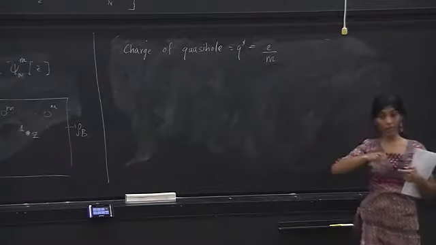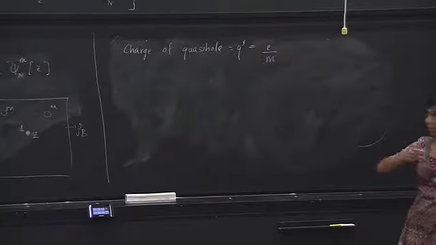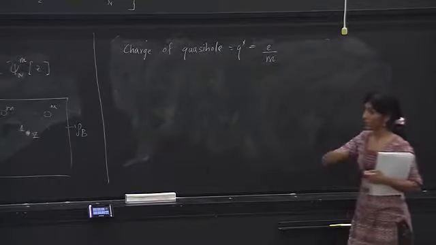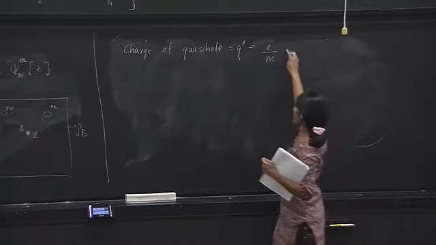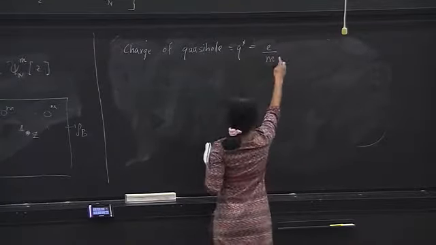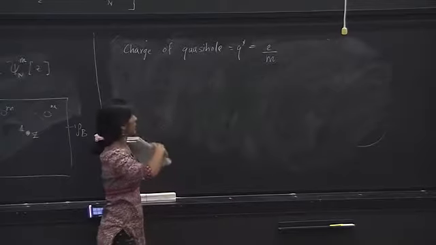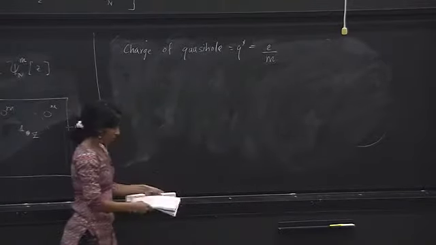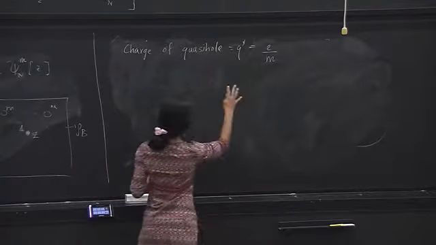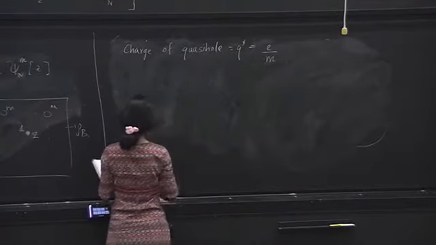So locally, if I went and measured charge, instead of measuring a charge E, which is what I would think because I have an electronic problem with electrons of charge E, I instead find that locally the charge is only depleted by E over m. So it's a fractional charge.